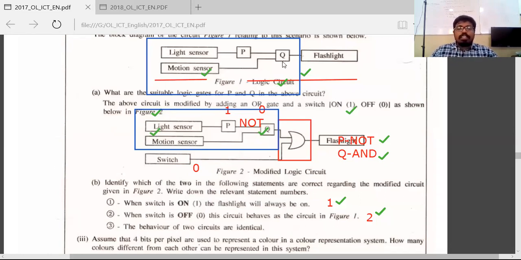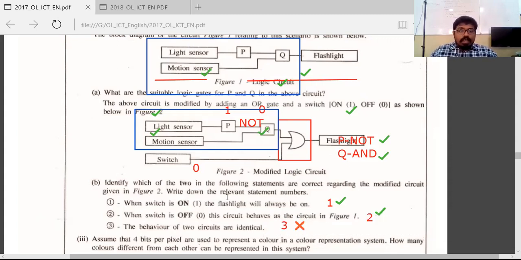So both circuits' behaviors are not identical. Here, when the switch is on, without considering the above circuit, we can say the flash will be on. But here, depending on the light sensor and motion sensor only, the flashlight output will be decided. So the third statement is wrong.